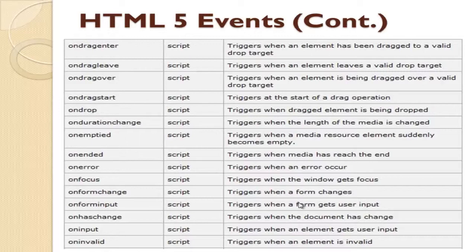Onhaschange triggers when the document has changed. Oninput triggers when an element gets user input. Oninvalid triggers when an element is invalid. Like I have seen many forms in which there are email fields, but if we try to write any value in this field, it doesn't take.